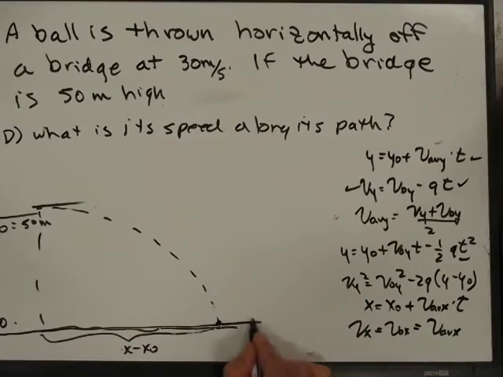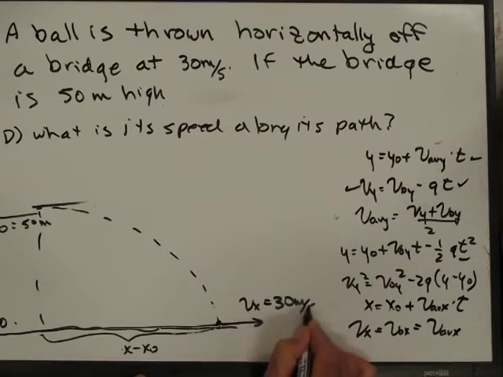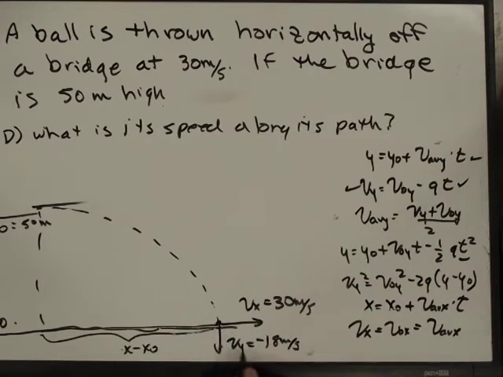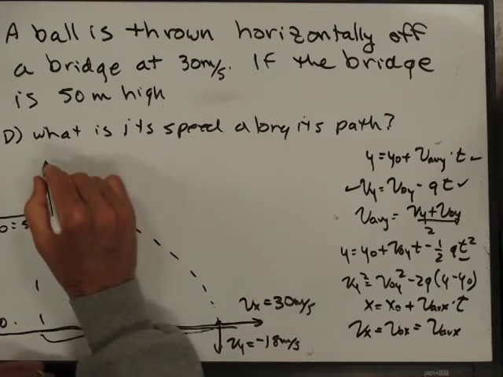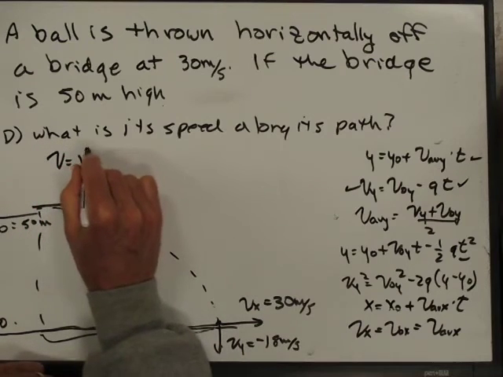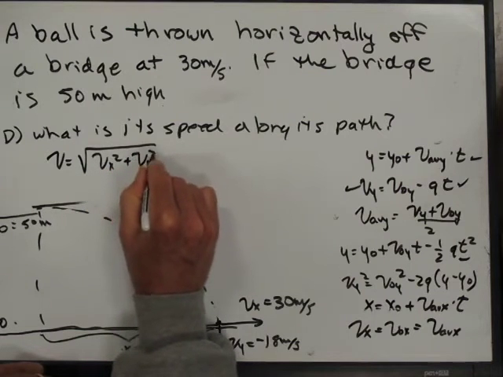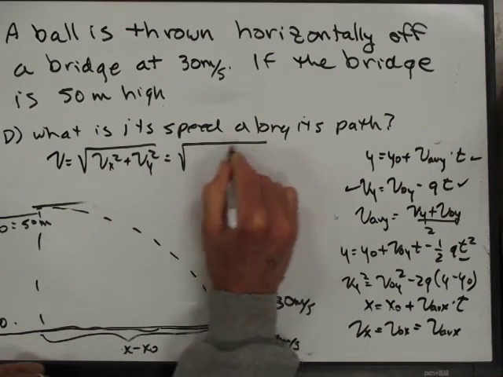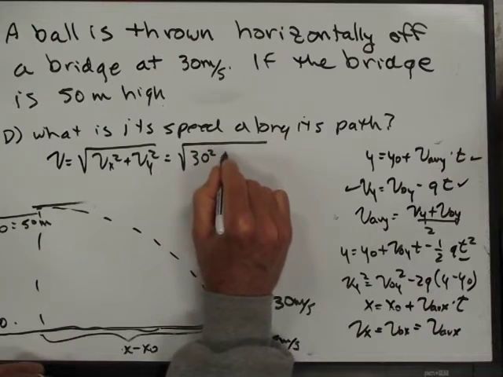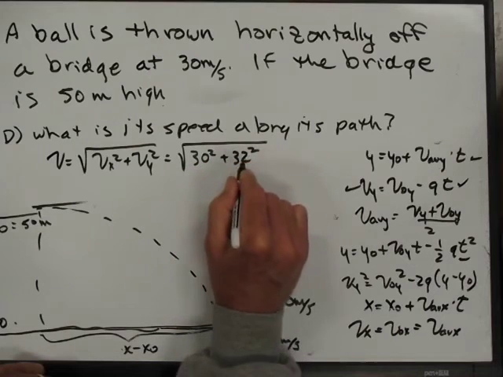So it's got a Vx that's 30 meters per second, and a Vy that's minus 32 meters per second, right? And those are the x and y components. V is equal to the square root of Vx squared plus Vy squared, and that's equal to the square root of 30 squared plus 32 squared.